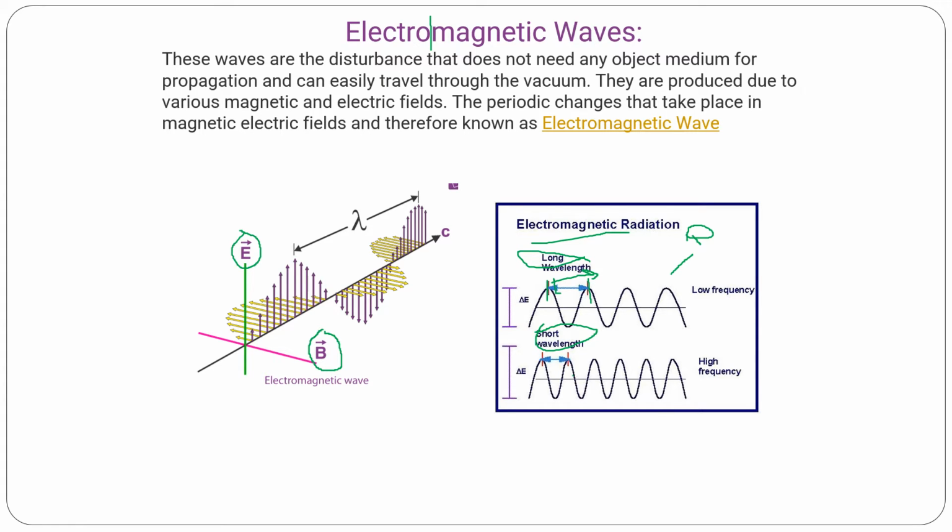The frequency of the second one is higher than the upper one. So we can say that frequency and wavelength are inversely proportional. When the wavelength is long, the frequency is low, and when the wavelength is short, the frequency is high.